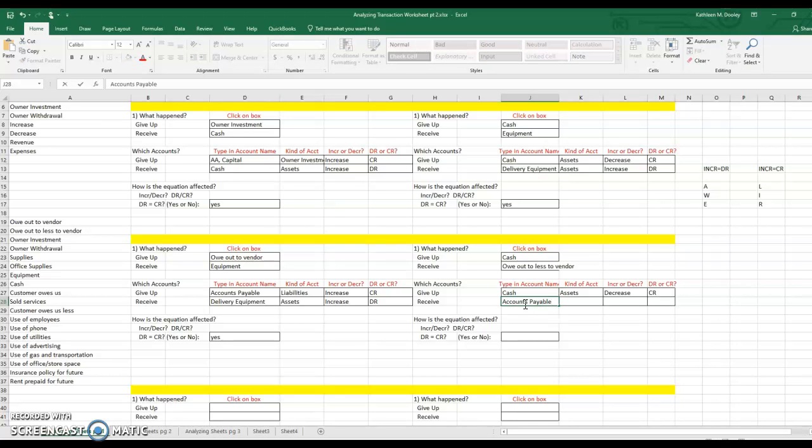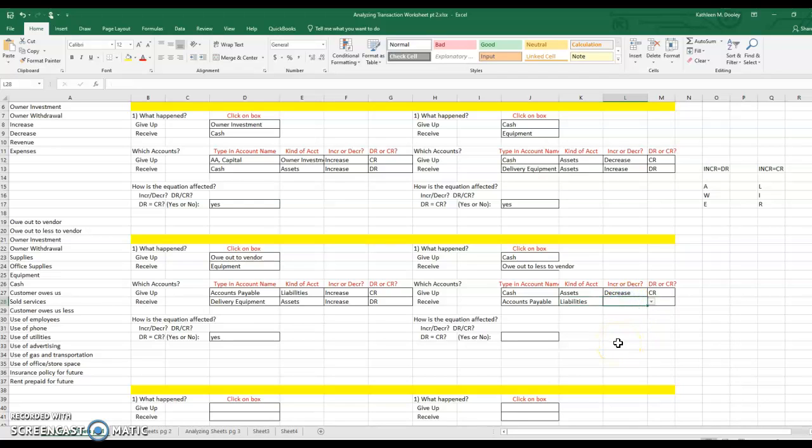Now, you can put A/PAY, the short version of accounts payable, which helps save some typing. What kind of account is accounts payable? Well, anything that ends in payable is usually a liability. We owe out to others, which is a liability.